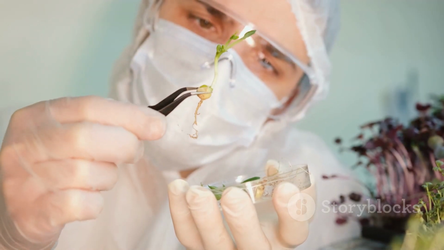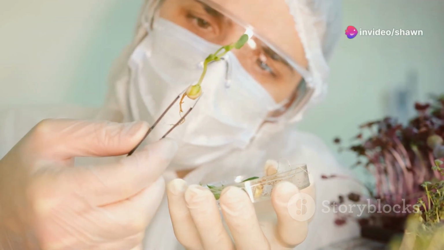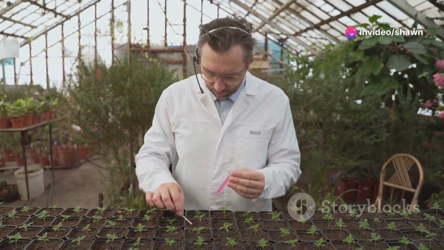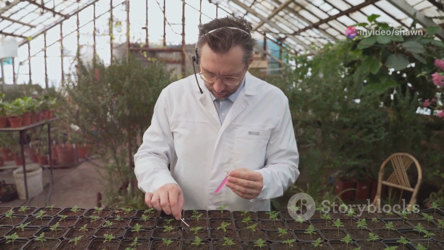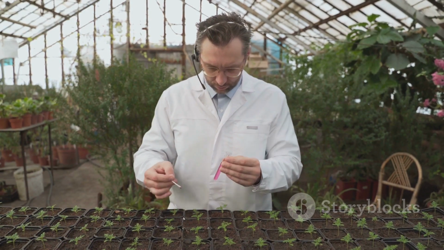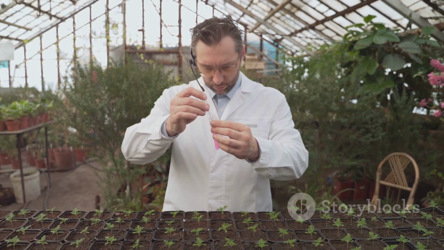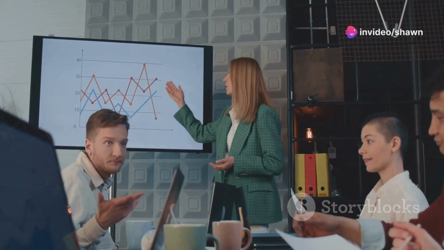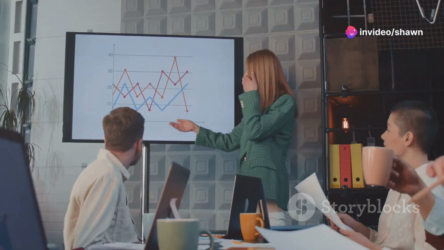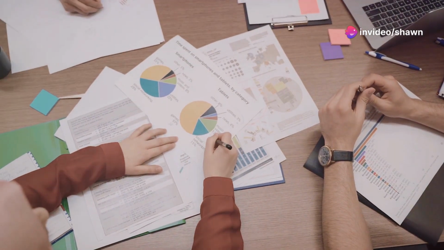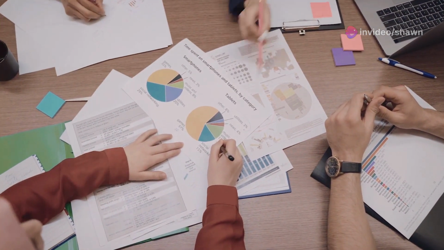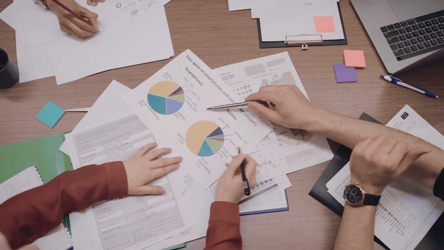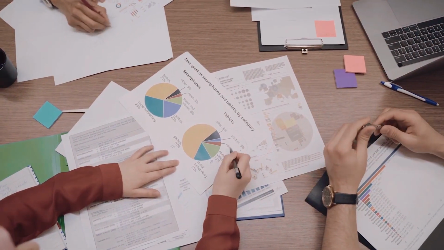Imagine a scientist exploring the effects of different fertilizers on plant growth. ANOVA would allow them to analyze the growth rates of plants treated with various fertilizers, providing insights into which fertilizer yields the most significant growth difference. Similarly, a market researcher could utilize ANOVA to compare the effectiveness of different advertising campaigns on product sales, leading to data-driven decisions on campaign optimization.